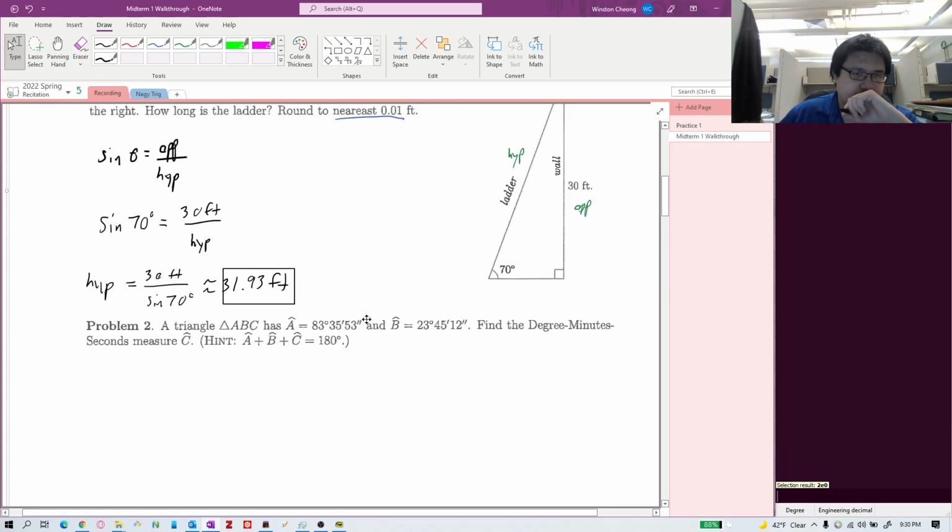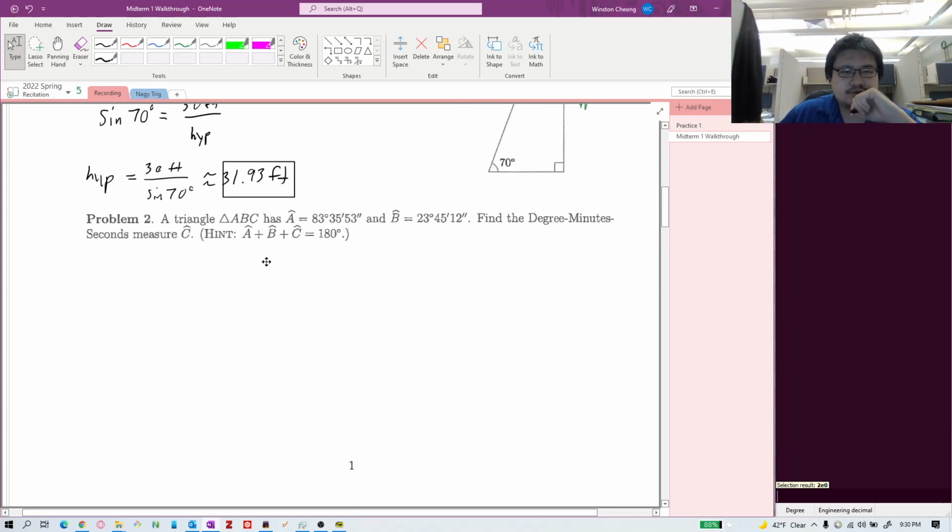So that's number 1. Number 2, we have a triangle whose angle A is this, angle B is this. So we want to find angle C, and we want the answer phrased in degrees, minutes, seconds. It's giving us a little hint that the 3 angles in a triangle add up to 180 degrees.